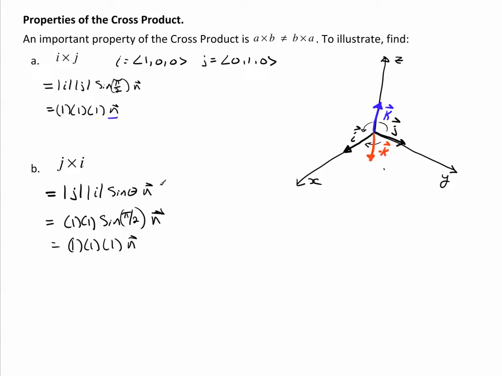So this equals the vector k, and this equals the vector negative k. So A cross B is not equal to B cross A.